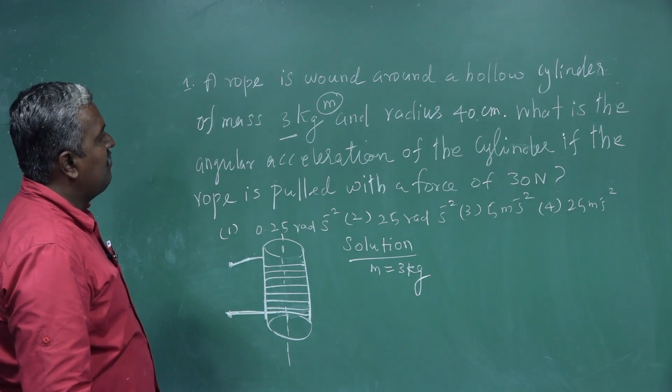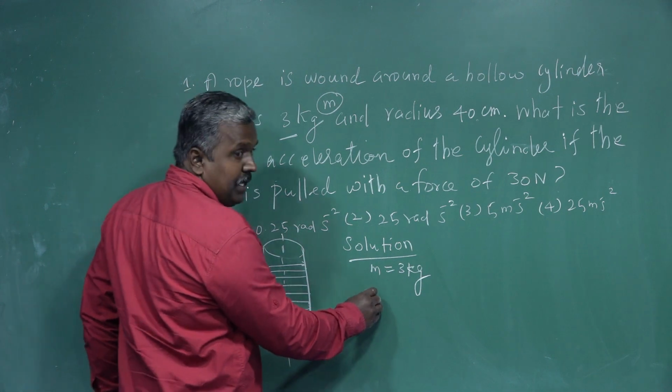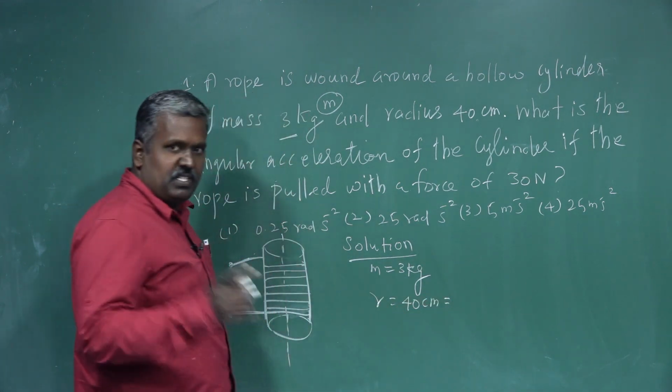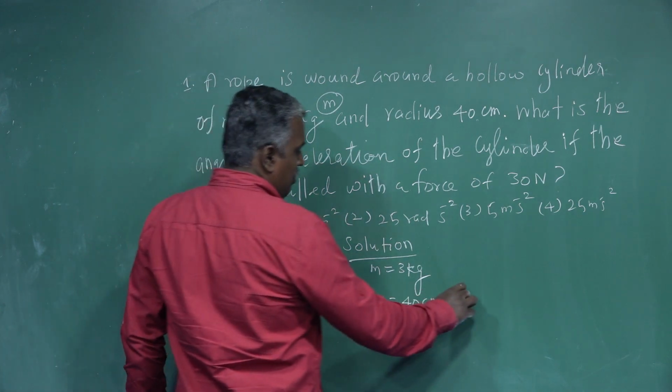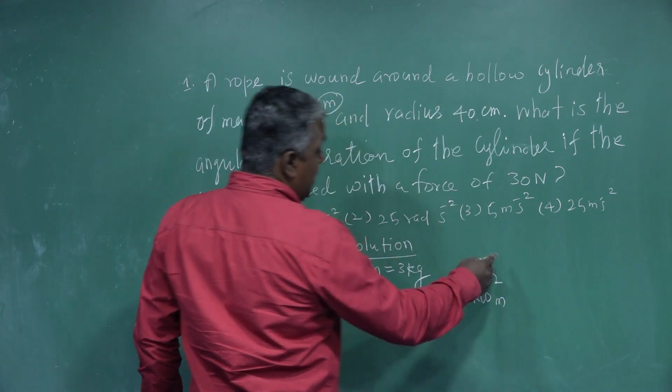Radius, 40 centimeter. It is compulsory, you must convert it into meter. So 40 into 10 power minus 2 meter. Centi means 10 power minus 2.